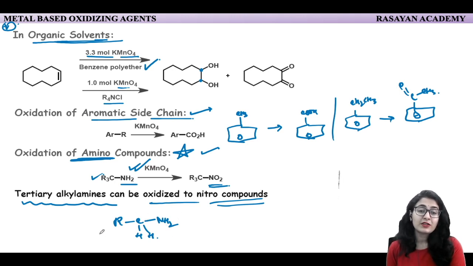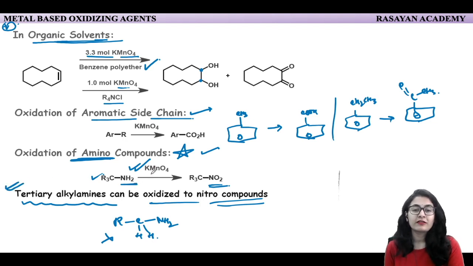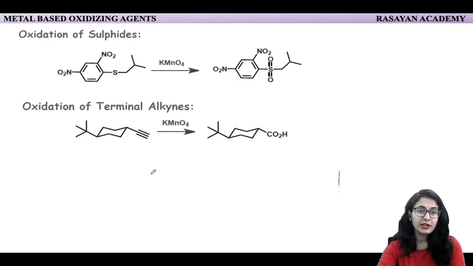We're going to get a mixture of products. So that's why primary, secondary is not favored. Tertiary alkyl amines, because there is only this NH2 group to react, is going to be converted to nitro more specifically. Okay, I just hope you understand this point. Now, so in the previous example, it is already mentioned, already discussed कि ये heteroatom oxidation भी करता है. Now nitrogen is a hard center.